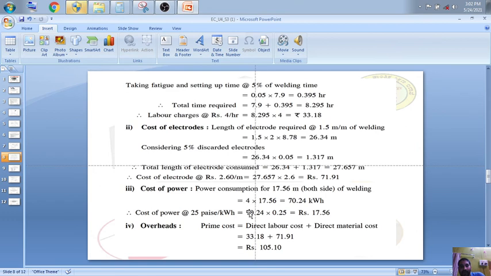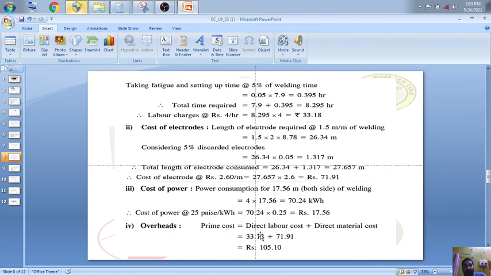So 4 multiplied by 17.56, we require 70.24 kilowatt hour of power. The cost of power is 25 paise per kilowatt hour. So 70.24 multiplied by 0.25 will give you the cost of power, that is 17.56.